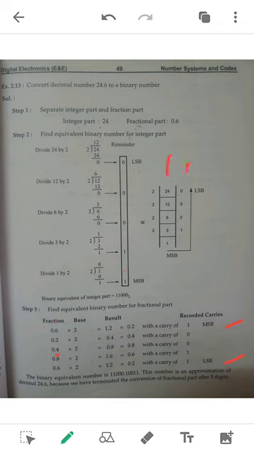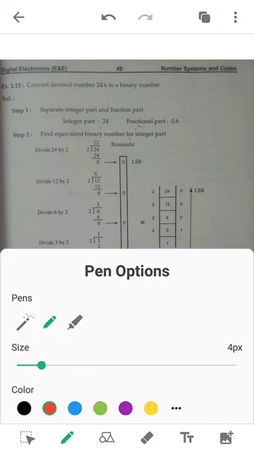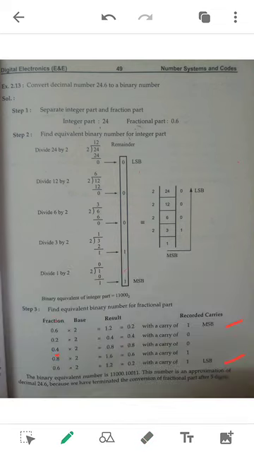This is the 24 equivalent. Sorry, I am not getting it exactly. Writing is not coming properly.